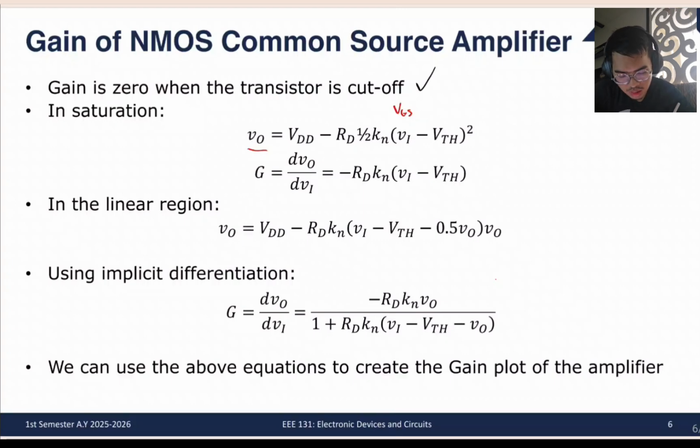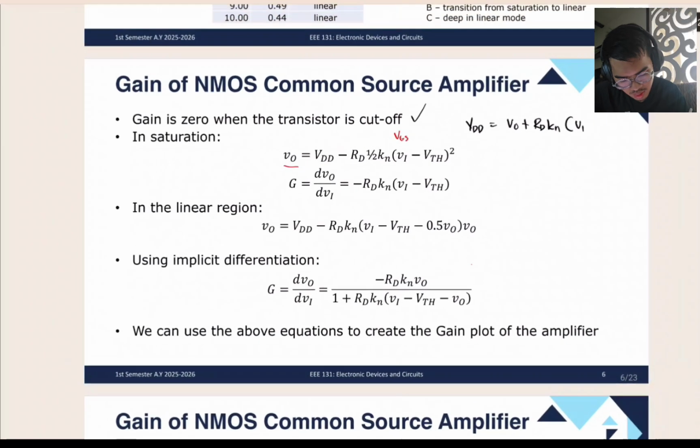So let's put all the constants to the other side. The constant in this case would be VDD. So VDD is equal to V out plus RD KN VI.